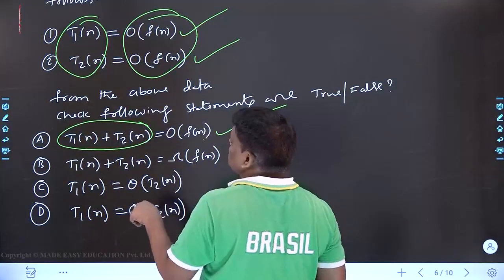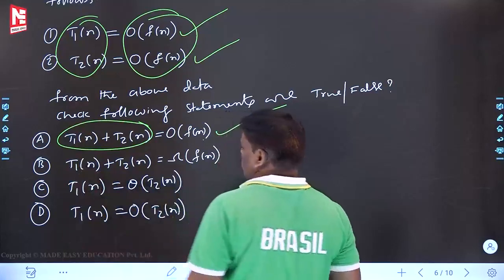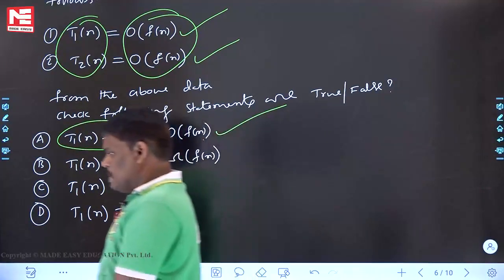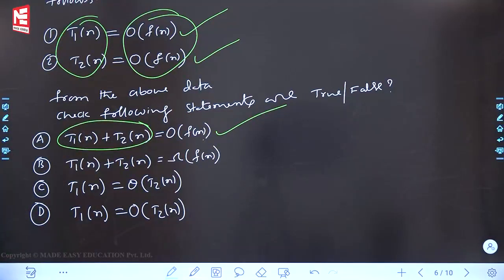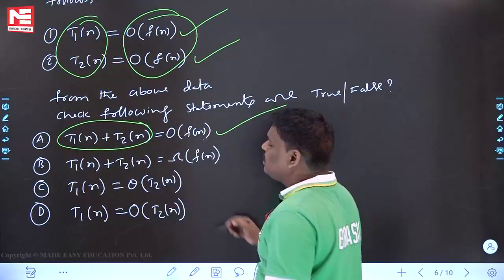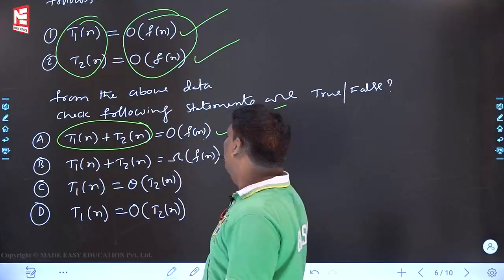Suppose some people are asking me, what about option B? Option A is fine. What about option B? T1 of n plus T2 of n is omega of f of n.